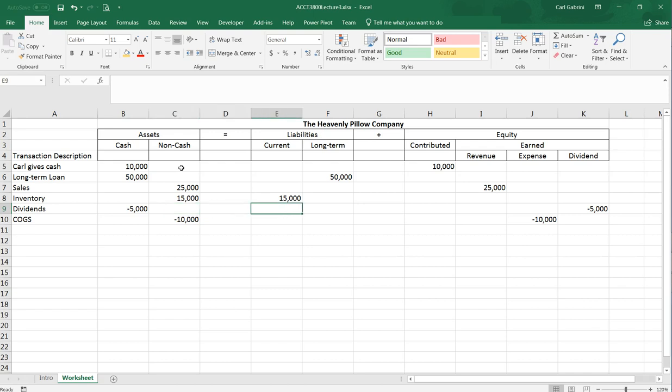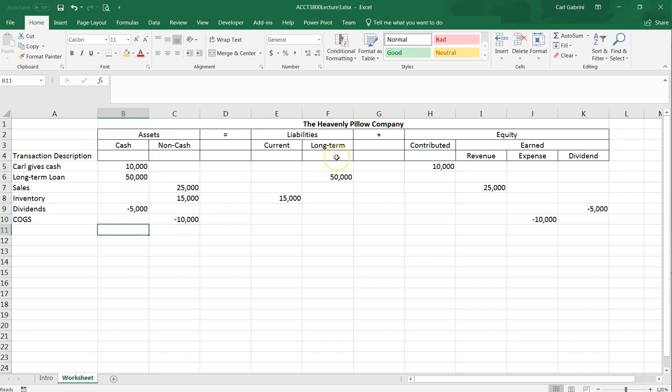Over here we have a current liability of $15,000 in accounts payable, and then we have $50,000 in a long-term notes payable, so we have total liabilities of $65,000. And over here under equity, we've got $10,000 plus $25,000, so that's $35,000, minus $15,000. So 35 minus 15 is 20,000. And so everything should balance at this point.